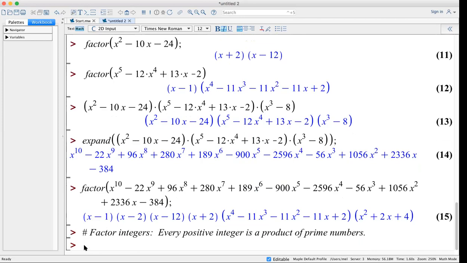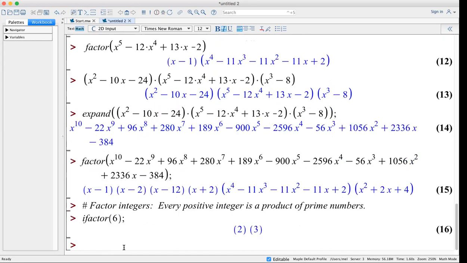A prime number is a number that can't be factored as a product of 2 strictly smaller numbers. And there's a command to factor an integer, and it is ifactor, I-F-A-C-T-O-R. And if you want to factor 6, for example, ifactor 6, it's 2 times 3.